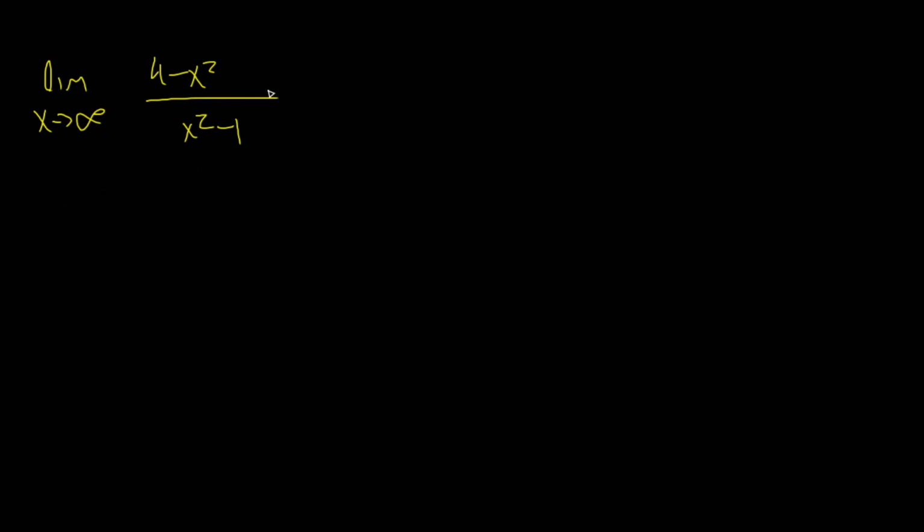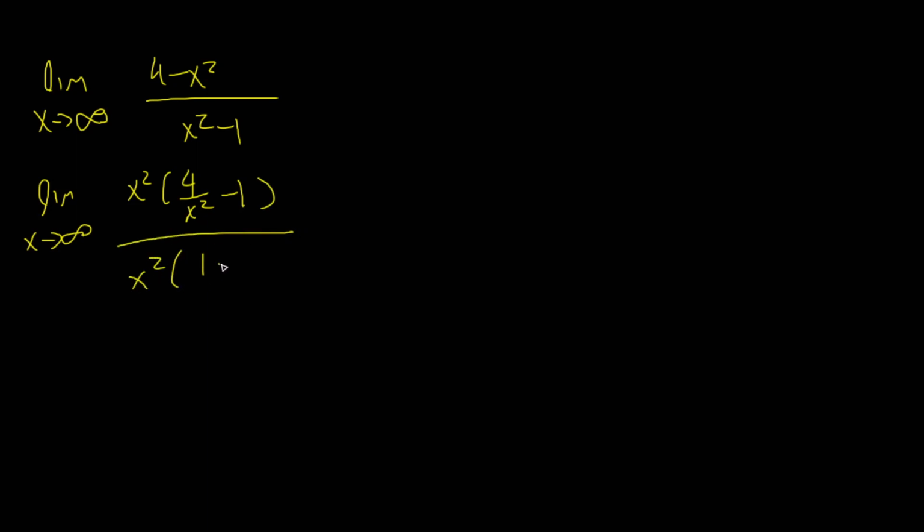So right away, we can't just substitute infinity in there because I'll just get infinity over infinity, and I can't really do anything with that. So let's just try and manipulate this equation. Let's factor out x squared from both the numerator and denominator. So x squared of 4 over x squared minus 1 over x squared times 1 minus 1 over x squared.